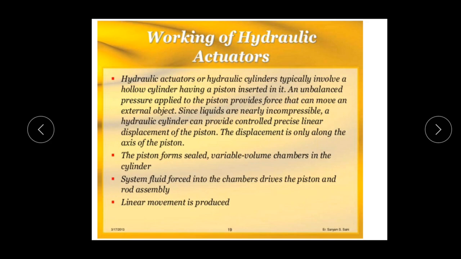The displacement is only along the axis of the piston. The piston forms sealed variable volume chambers in the cylinder. The system fluid forced into the chambers drives the piston and rod assembly. The linear movement is produced.